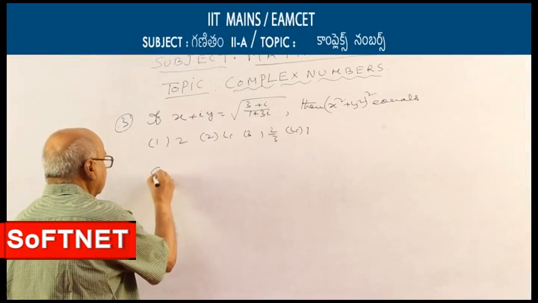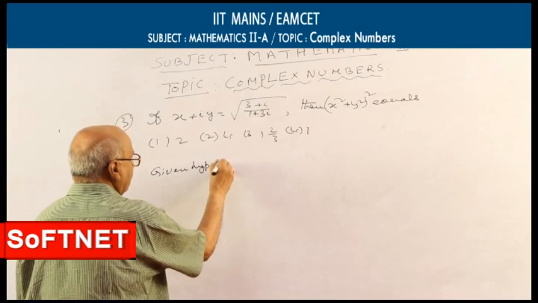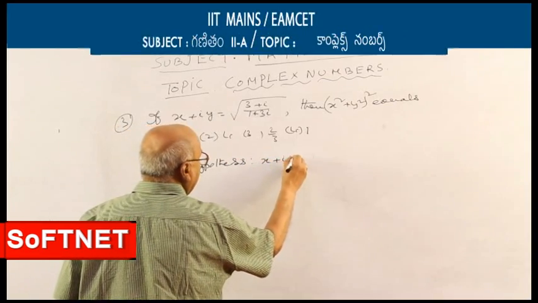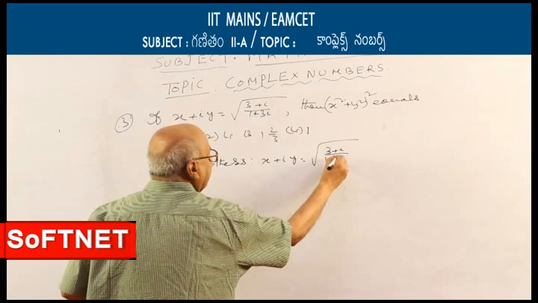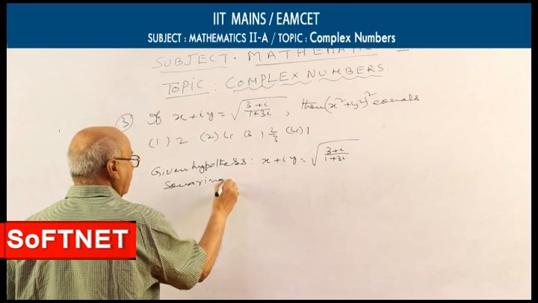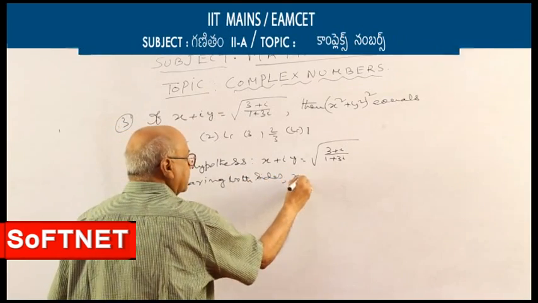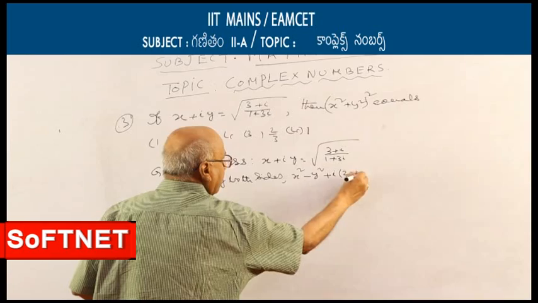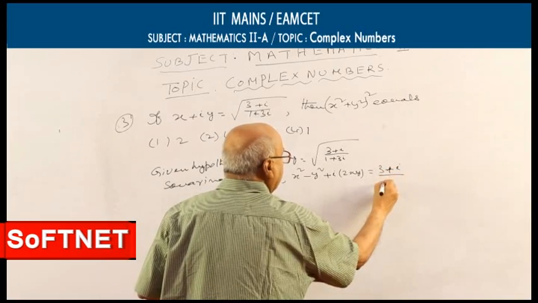Okay. So the given hypothesis is x plus iy is equal to the square root of (3 plus i) by (1 plus 3i). Now squaring both sides, x square minus y square plus i into 2xy is equal to (3 plus i) by (1 plus 3i).